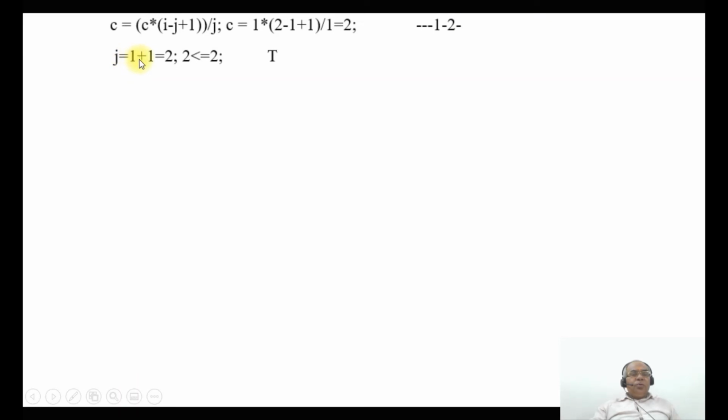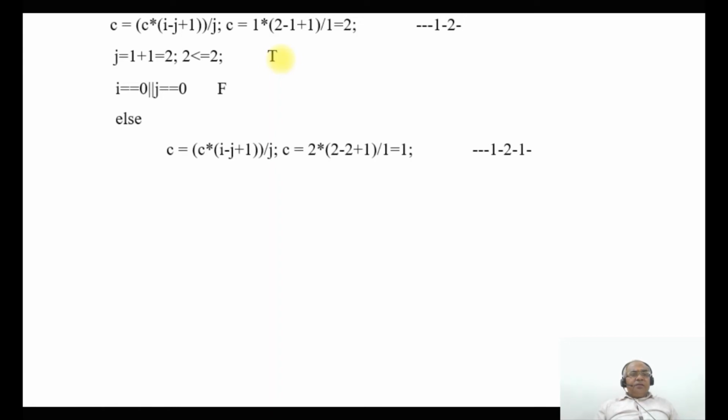Then j is equal to 1 plus 1, it becomes 2. 2 is less than or equal to 2, the condition is true. Then i is equal to 0 or j is equal to 0? The condition is false. Yes, it goes to the else statement. c star i minus j plus 1, the entire thing is divided by j. c is equal to 2.